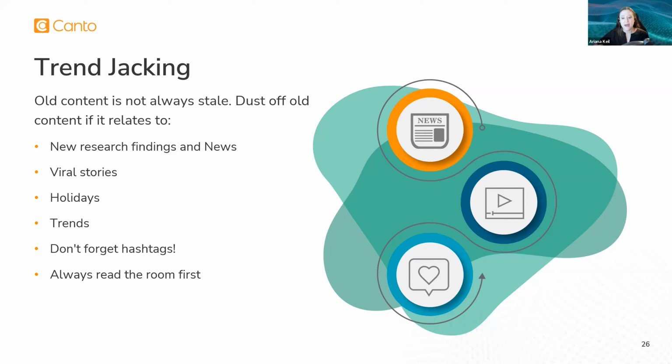So the metaverse was one that trended for 3 or 4 months, and a lot of different brands were thinking about it. You know, crypto, whether it's a negative take on it or a positive take on it, that trended for a while. There are certain things that will have a shelf life of more than a couple of weeks. There's no point in trying to latch on to a trend if by the time you actually repurpose the piece of content for it, it's gone.